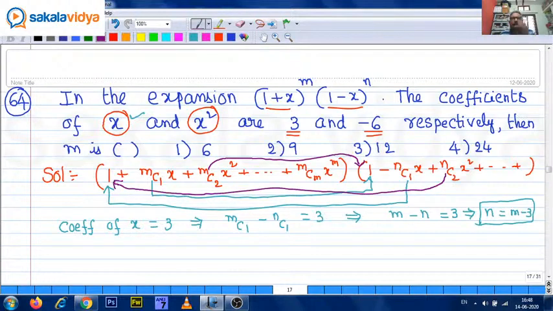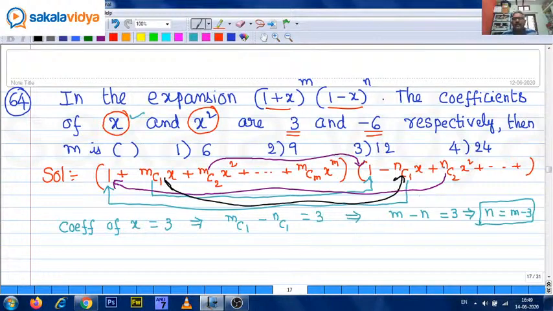And moreover, this also. Take another color now. mC1 x into minus nC1 x also. You will be getting the x square term.